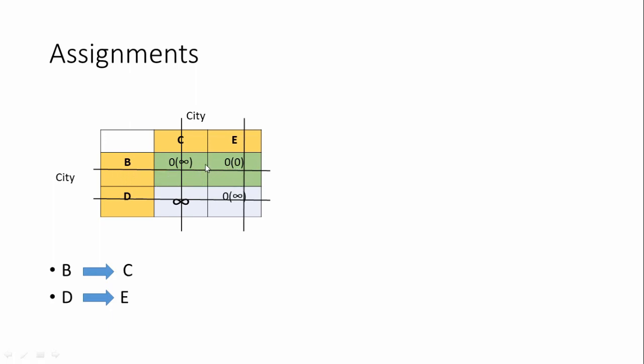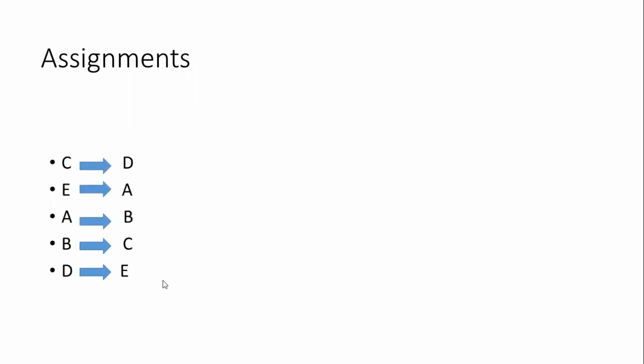Now, since infinity is the highest penalty, we assign the traveling salesman to travel from B city to C city. So we cancel the B row and C column. So we make an assignment B to C. Similarly, we will have the traveling salesman travel from Delhi to Ernakulam.